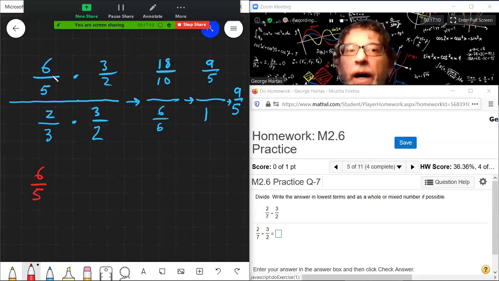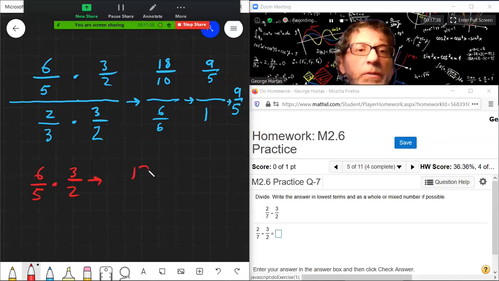Then we were dividing this by 2/3. But what happened was eventually, after doing the reciprocal, we actually wound up multiplying by that reciprocal, correct? See, we multiply by the reciprocal of the division. So we multiplied by the reciprocal of the original denominator. And then we multiply straight across.